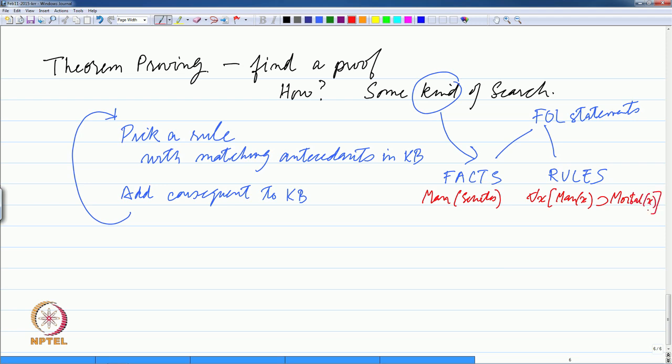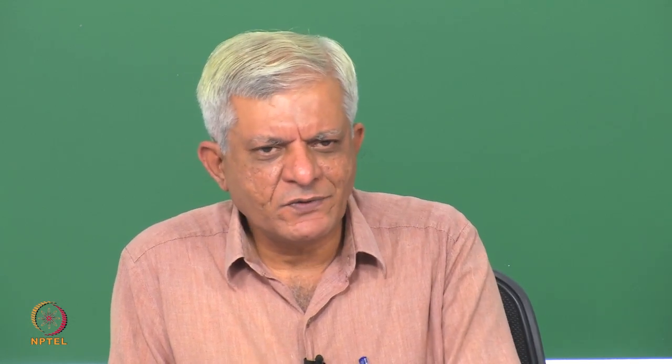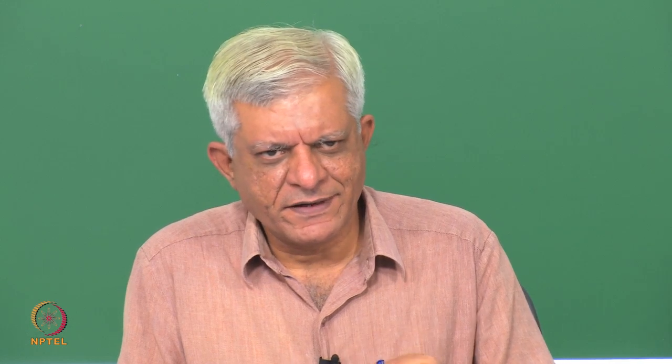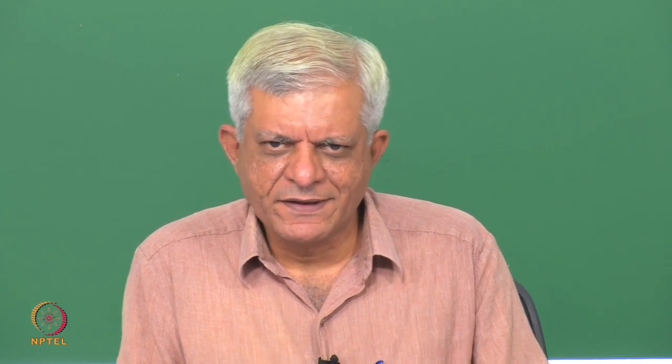So, we distinguish between these two kinds of statements. Essentially modus ponens, which is one rule of inference we are using, has access to a large collection of rules like all men are mortal, all students are bright, or all bright students are girls, and things like that. Whatever statements that we have, we will call them rules, and whatever facts we have are the actual data in the knowledge base essentially, that Socrates is a man and Shrestha is a student and Shrestha is a girl, and these kinds of statements are facts essentially.